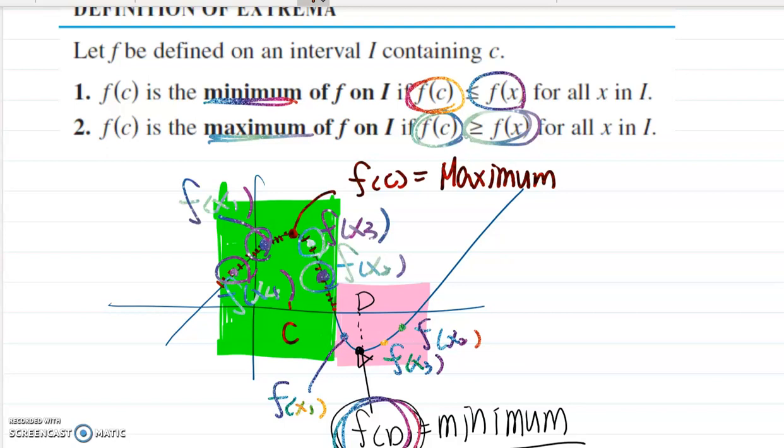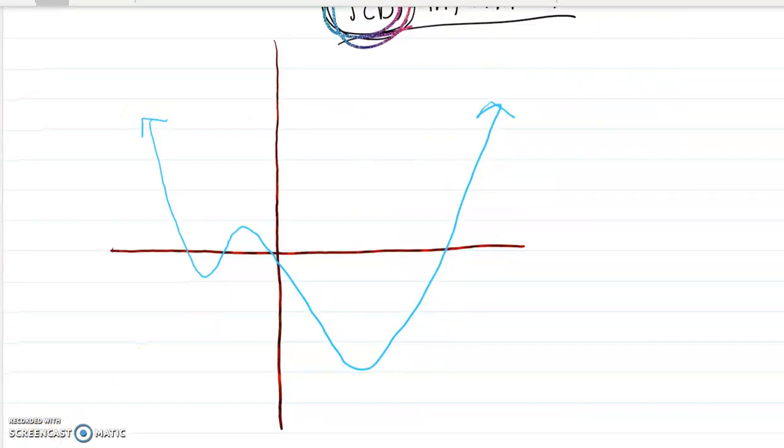Okay, then let's start looking at some examples. So let's look at this graph. Can you find the extrema of this function? Based on what we have discussed, I can guess extrema are located here and here and here.